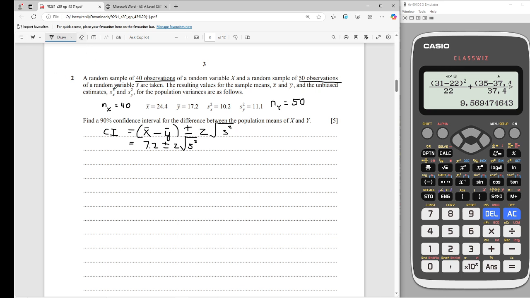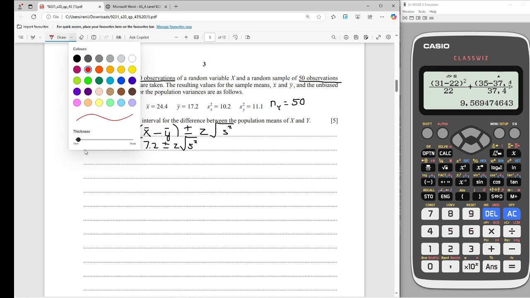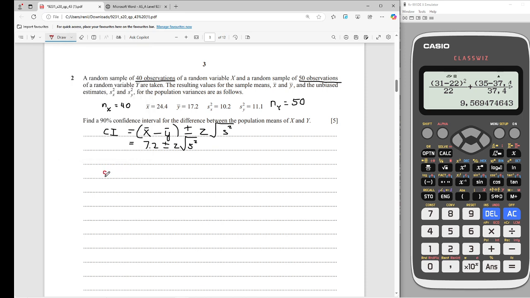Now there is a formula to calculate s2, which we have to use here. s2 is equal to s2 of x divided by nx, s2x being the unbiased estimate for x and nx being the number of terms for x, added to s2 of y divided by the number of terms of y.